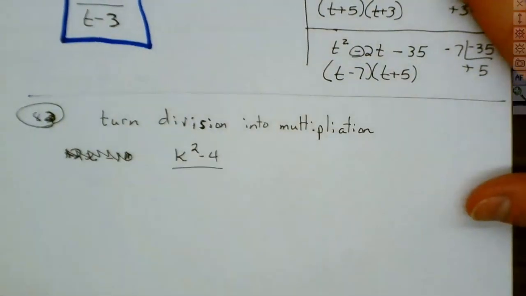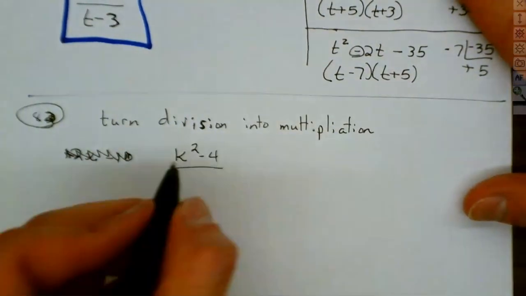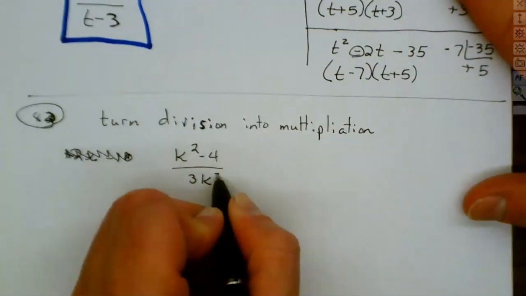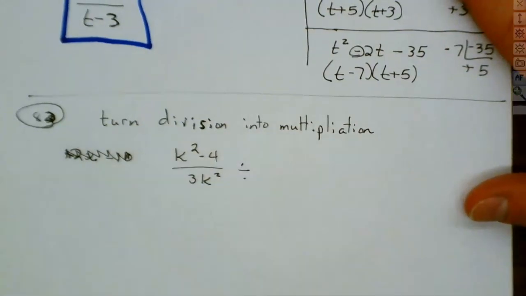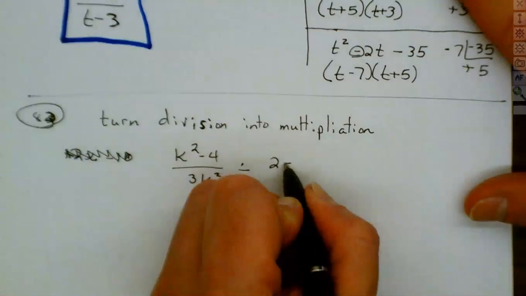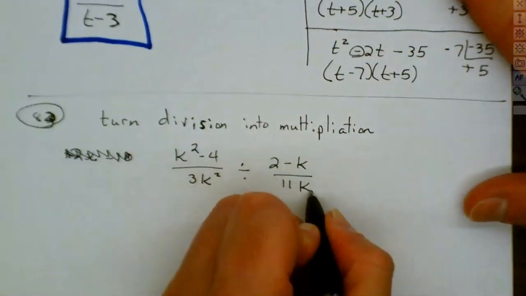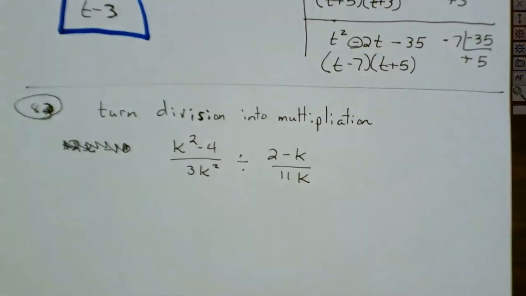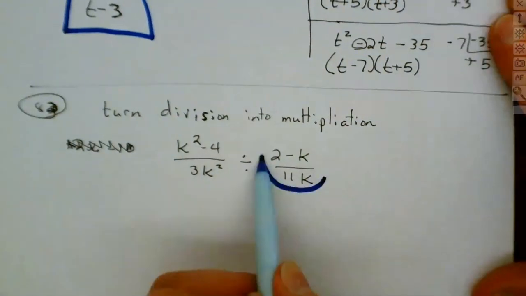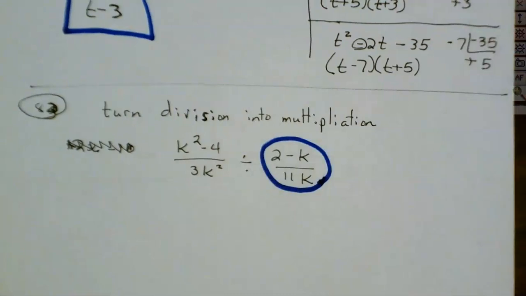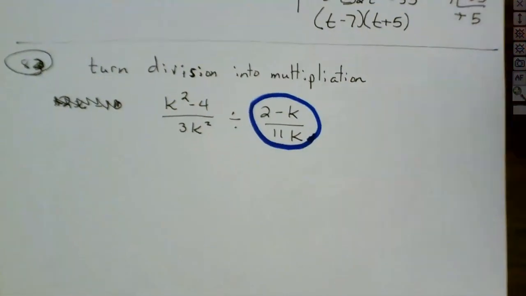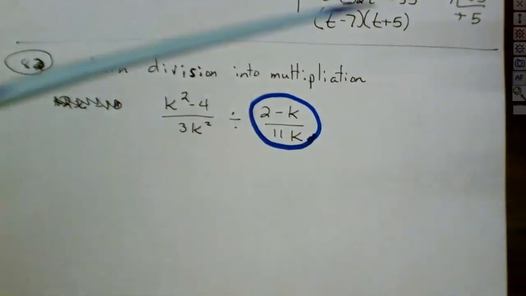So we've got k squared minus 4 over 3k squared divided by 2 minus k over 11k. Now, notice we have division. So when we have division, we need to make it multiplication.